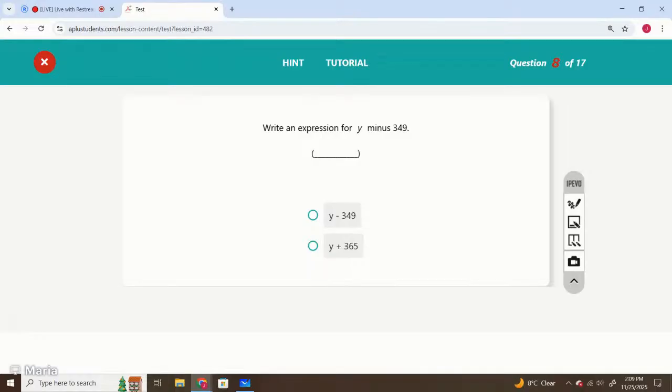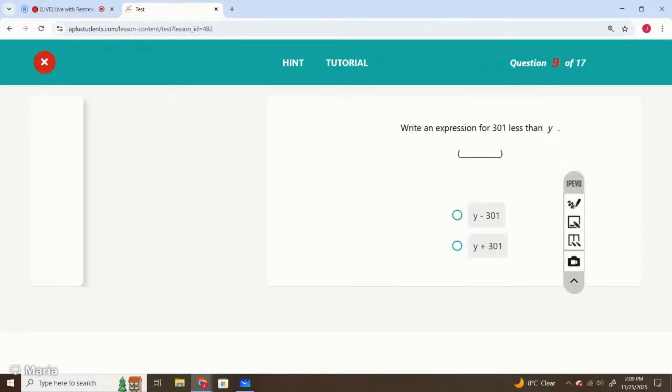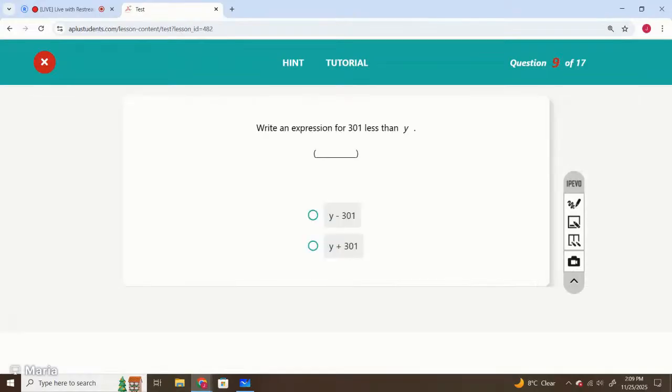Write an expression for y minus 349. That is y take away 349. Option number 1 is the correct option.